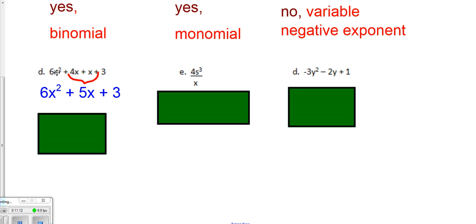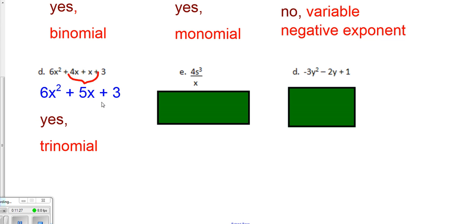Although before there were 4 different pieces, we can combine these two into just one piece. Yes, this one has 3 different terms, but each one is a monomial on its own: 6x squared, 5x, and 3. Yes, this one would be a polynomial. It's a trinomial, 3 different pieces.